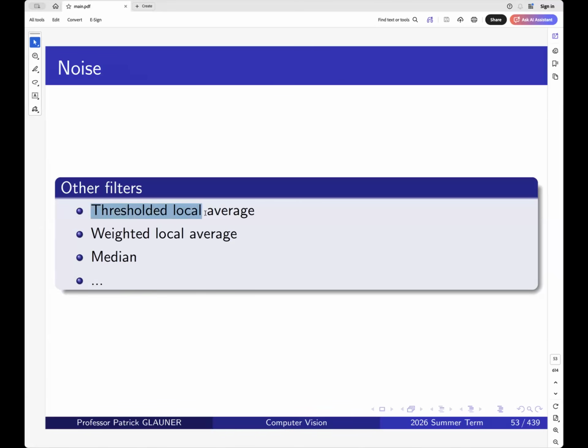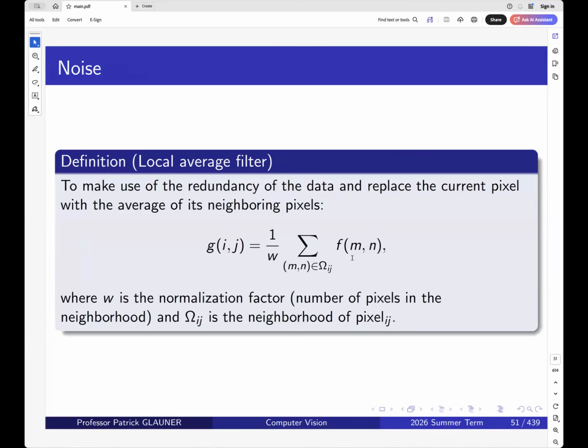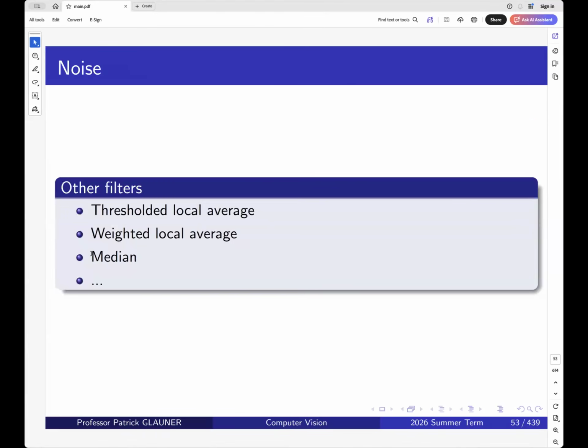You could have some threshold saying only certain values in a certain range get considered. Because what we calculated was just a mean, and the mean is sensitive to outliers, we could also calculate the median, which is more robust. So there are a lot of different filters that we could use here if we wish, and that's just a small selection.